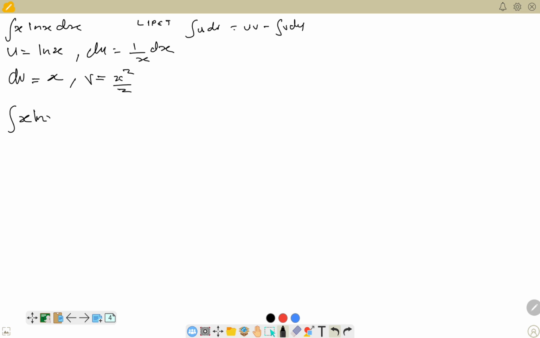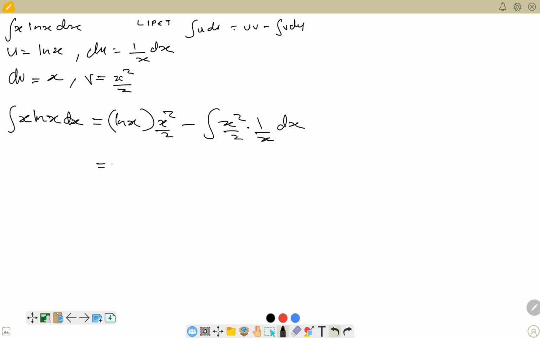Then we have integral of x ln x dx is equal to, the u is ln x and v is x squared over 2, minus integral of v, which is x squared over 2, times du, which is 1 over x dx.